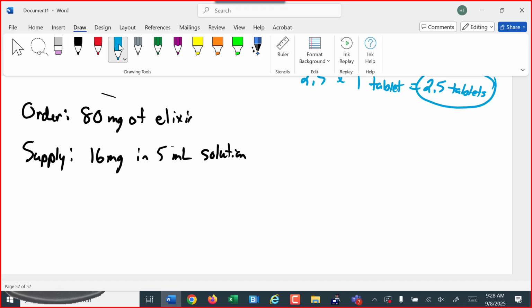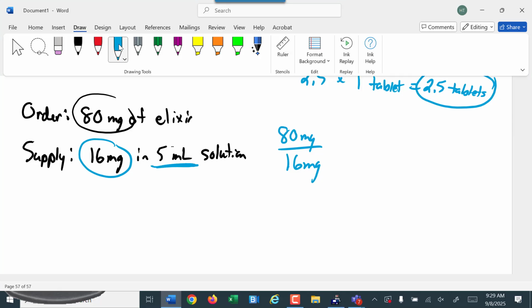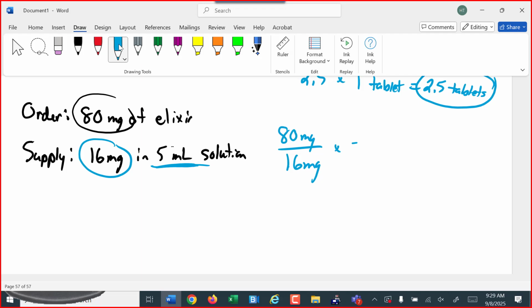So our doctor's order is the 80 milligrams again. Our on-hand dose comes off of the label on the supply. That's the 16 milligrams. Has to have the same units. So it has to be milligrams. And then what carries that into the patient would be 5 milliliters of the solution. So times 5 milliliters is our vehicle.